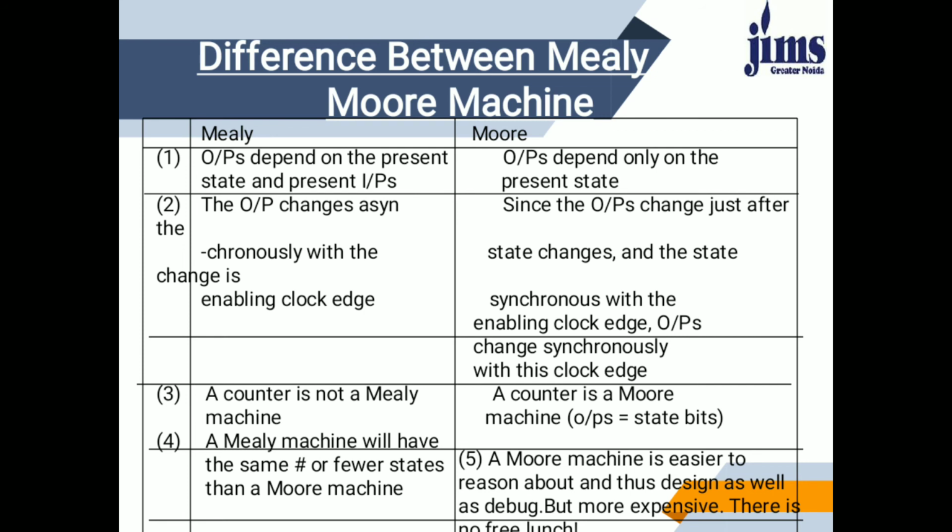In the Moore machine, states are more, as we are defining all the inputs and outputs. The Moore machine is also easier to design as well as to debug. But as it is easy, it is more expensive.